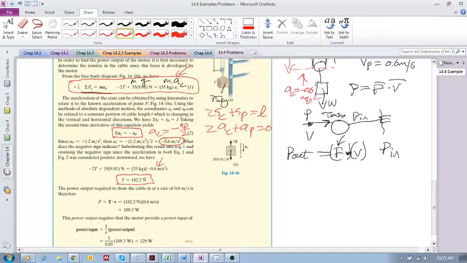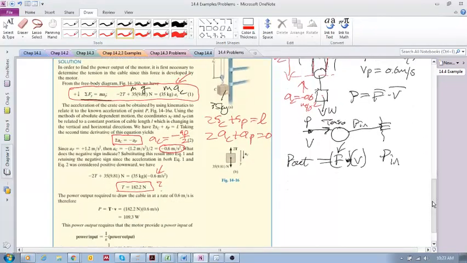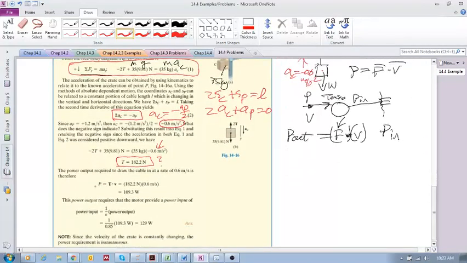I want to ask you again, why are we calculating T? Because power out is force times velocity, and our force at point P is the tension that's in the cable. Okay? So we do this. This is power equals tension times velocity. 182 times the velocity is 0.6.